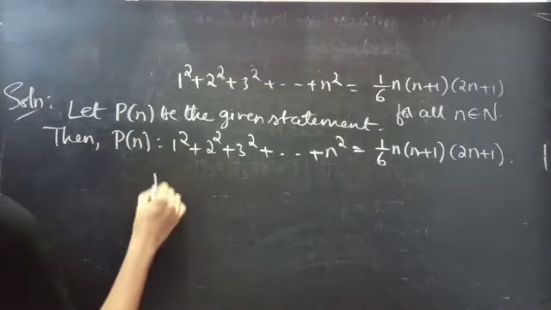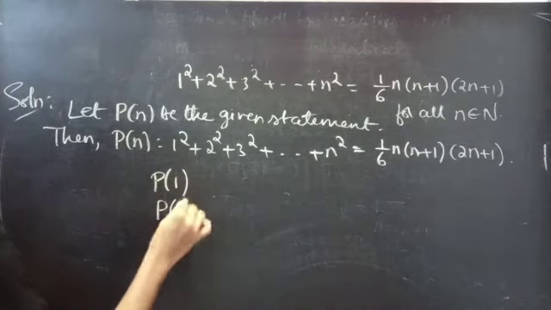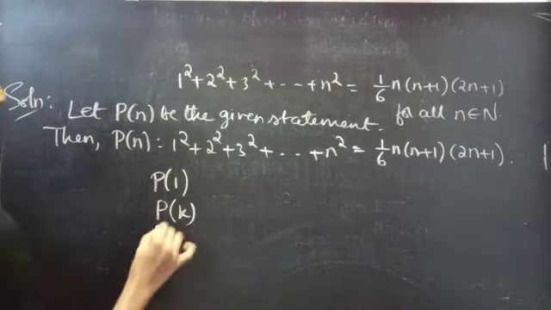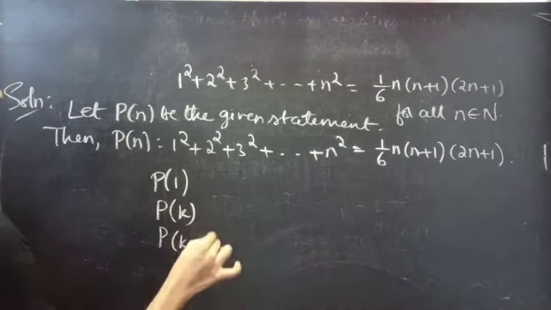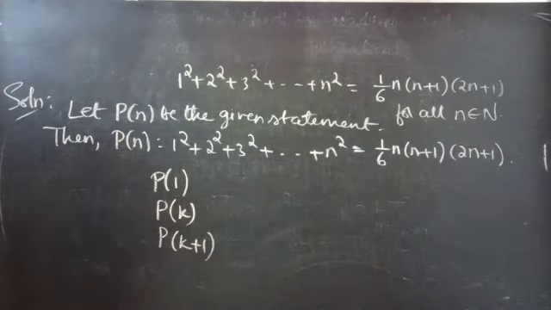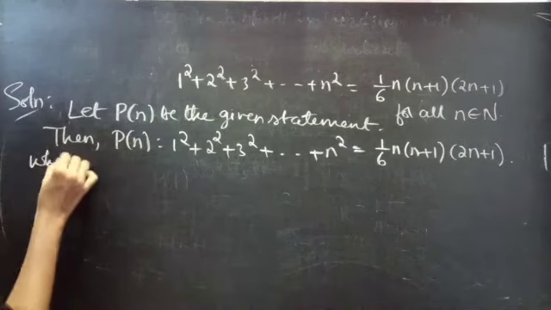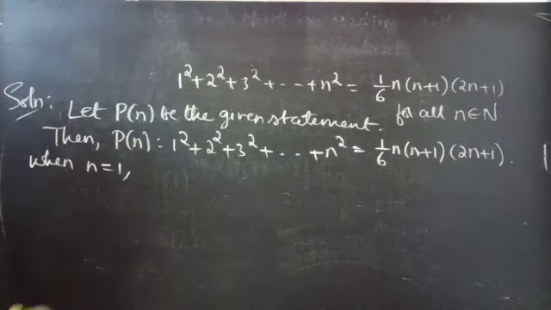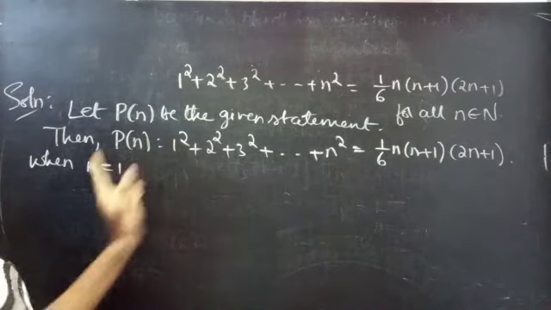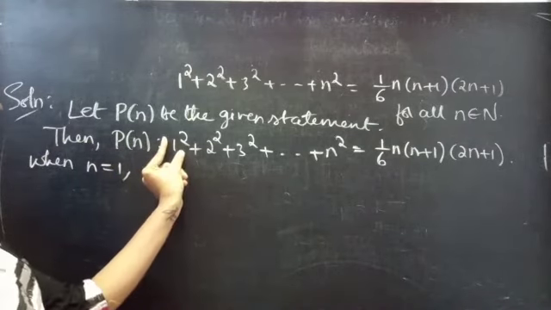So here we have to show that the statement is true for n equals 1, and we'll assume that the statement is true for some k which belongs to natural numbers, and finally we'll show that the statement is true for k plus 1 using P of k. When n equals 1, from LHS we'll take only the first term, since we are asked to show for n equals 1.